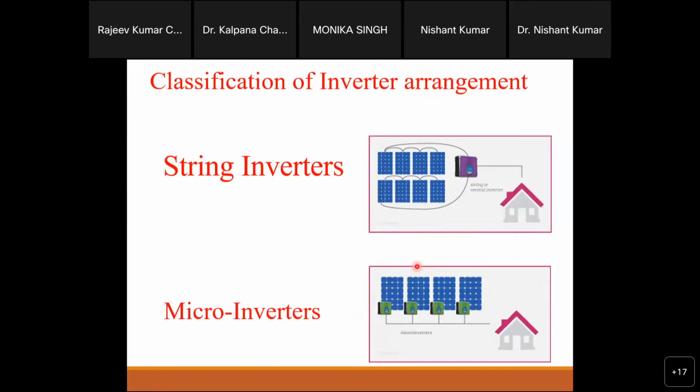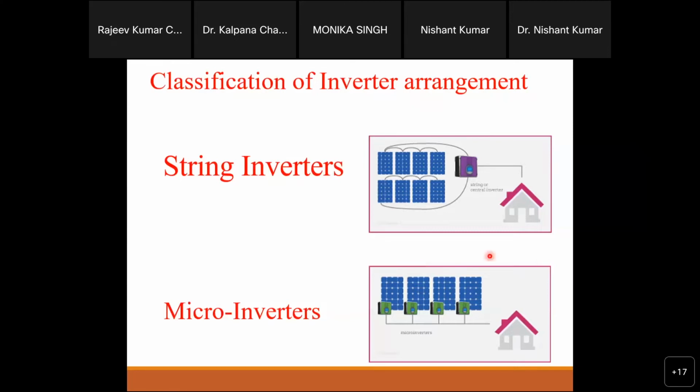That is the string inverter connection. In the micro inverter case, a group of panels, not a single one, attaches to one converter. Similarly, other groups attach to other converters, and all of them connect to a single DC tie line and go to the grid through another DC to AC converter. Both have their own merits and demerits.